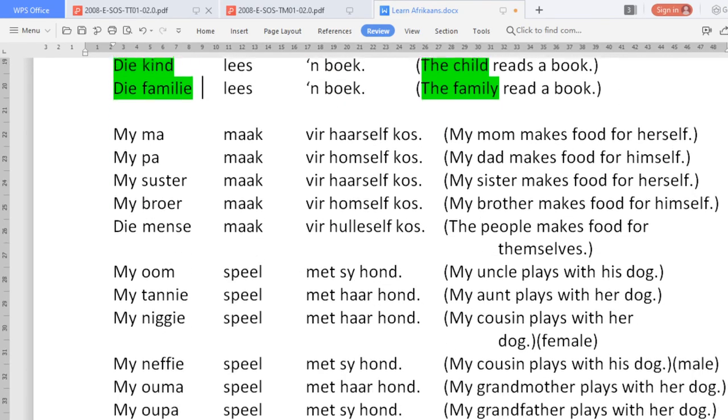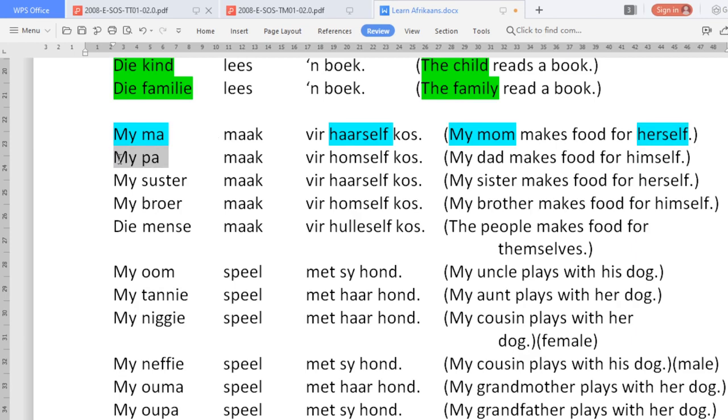Okay, and we're doing a bit of family words today, you'll see. So, my ma maak vir haarself kos. So now it's the reflexive thing, it's myself, herself, themselves. My ma maak vir haarself kos. My mom makes food for herself.